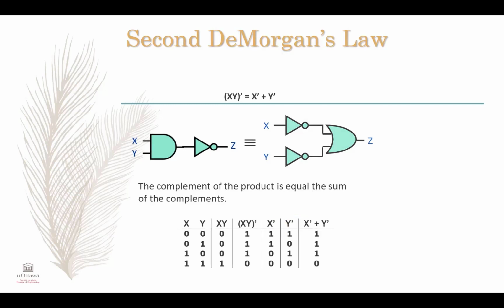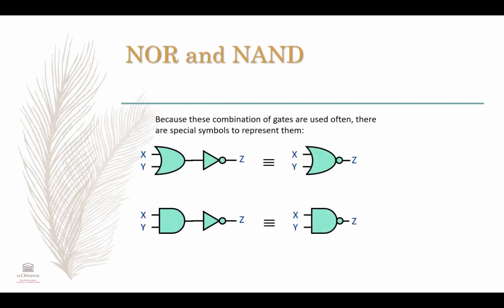Those types are called the NOR and the NAND gates. The symbol for the NOR is simply like an OR with just a bubble at the end, and the symbol for the NAND is like an AND here with a bubble at the end.